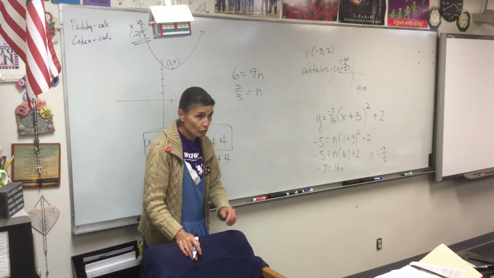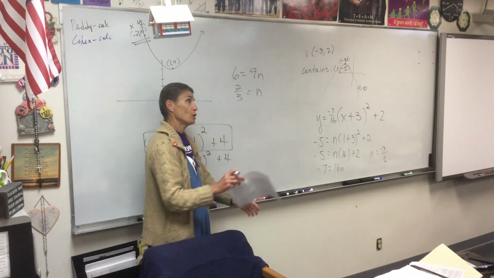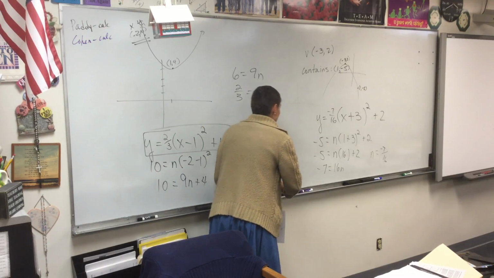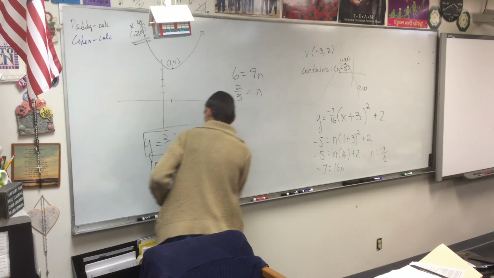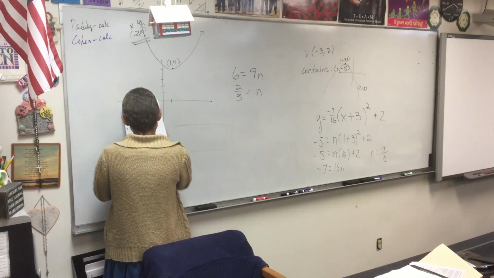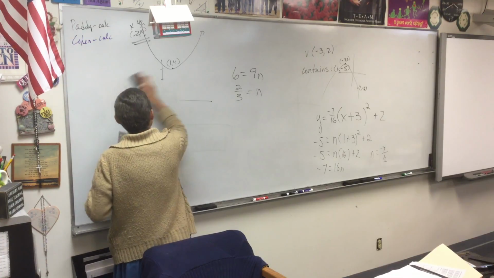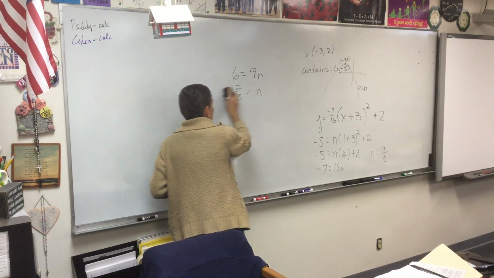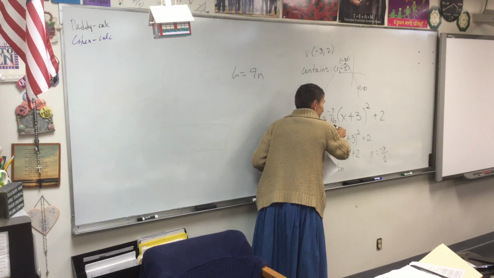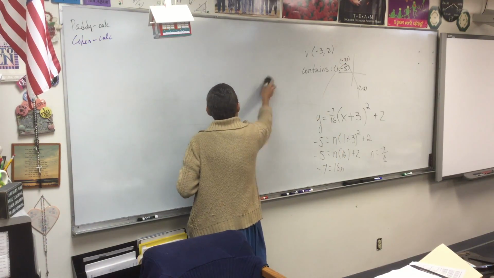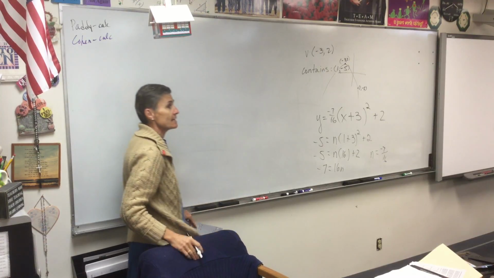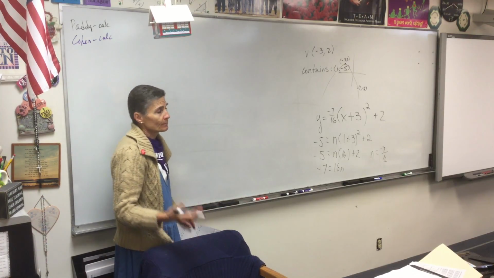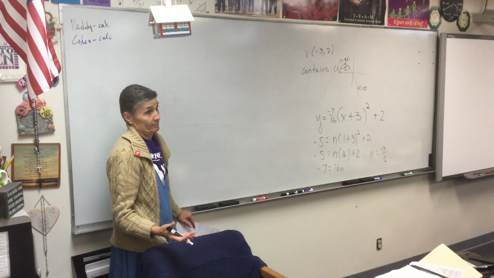All right, and then the third question, which should be in your notes, doesn't have anything to do with parabolas. It says, write the equation of the linear function. These are quadratic functions. Write the equation of the linear function. Say that in English.